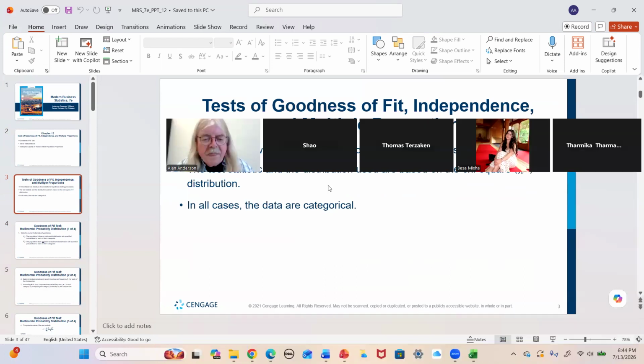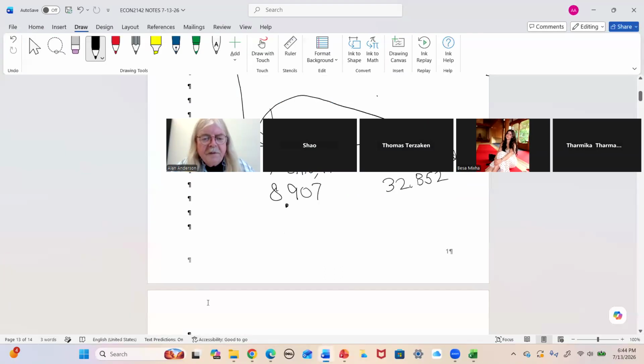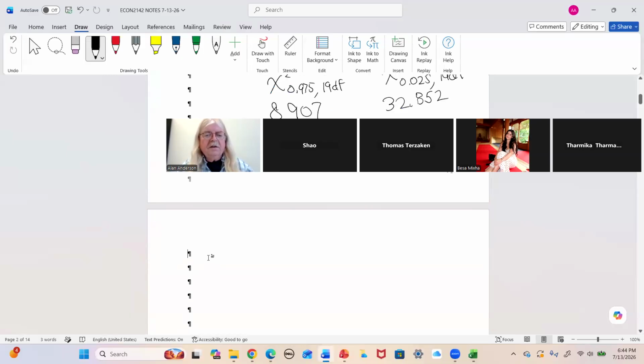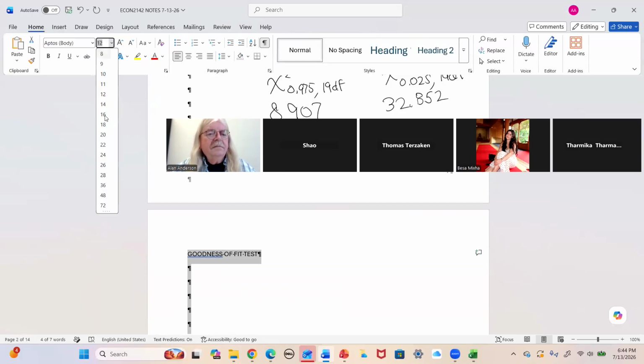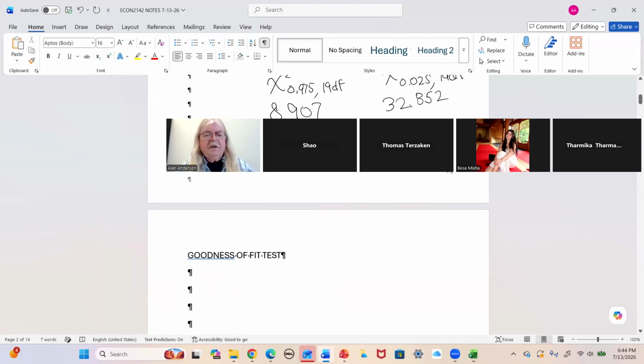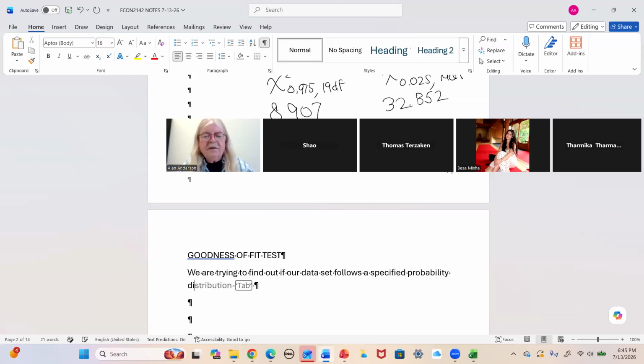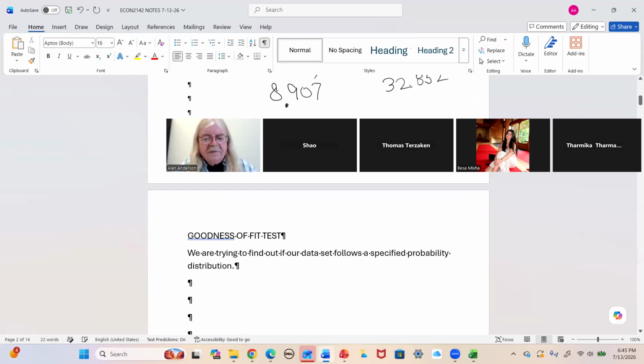What we're trying to do is find out, write this in here, with a goodness of fit test, we are trying to find out if our data set follows a specified probability distribution. All right, so this is new, isn't it?